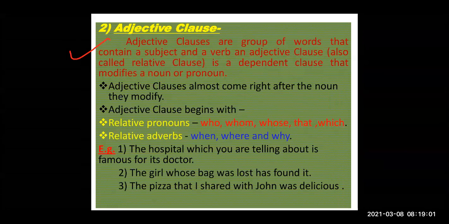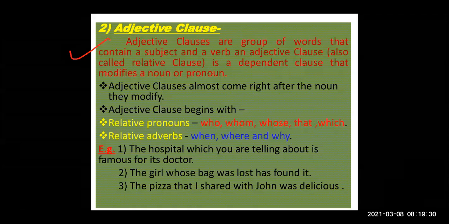An adjective clause, also called a relative clause, is a dependent clause that describes or modifies a noun or a pronoun.